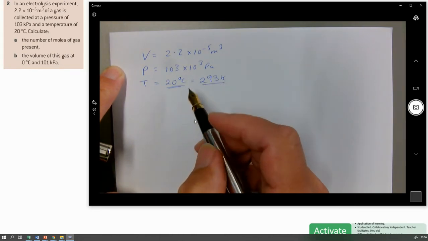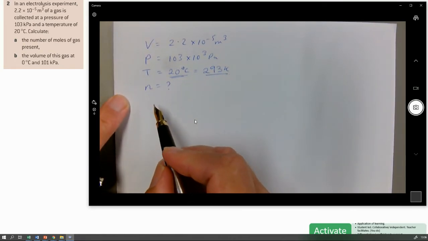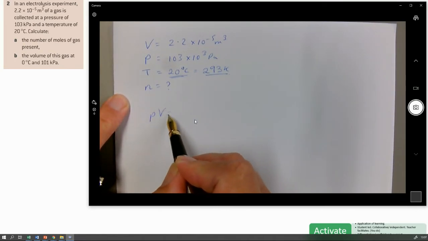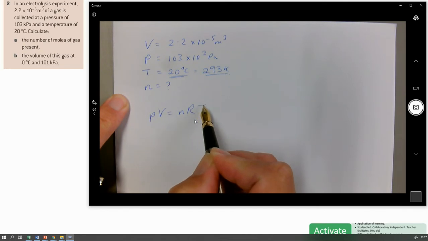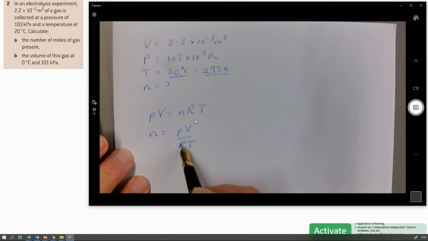Calculate the number of moles. So we wanted to know what n is. Okay. Step 1. Write your formula. PV equals nRT. Rearrange to make n the subject. n is equal to PV over RT. Substitute our numbers in.